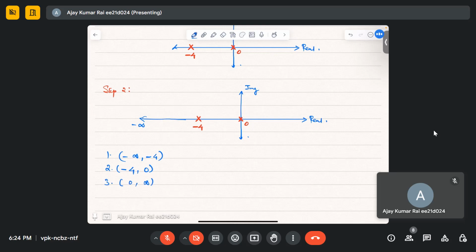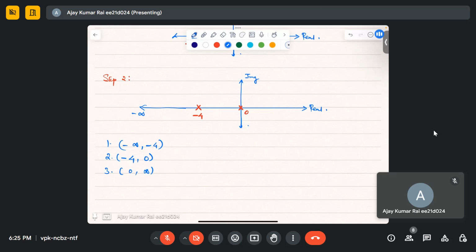And we are just checking where the root locus is lying on this real axis. What we used to do, simply we used to take the test points. So let me take this test point st1. I've chosen this st1, and now what is the next step? Just see to the right, and if you have an odd number of open loop poles and zeros, we'll say the root locus exists there.